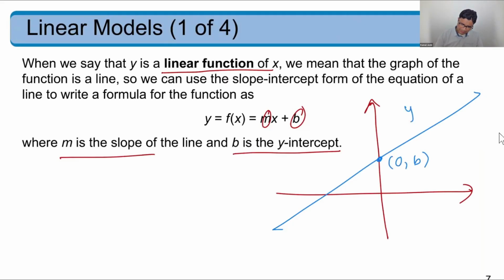If the equation is y equals mx plus b, and the slope is m, it means starting from any point, if you go 1 unit to the right, you will go m units up. The ratio of change in y divided by change in x, what we call the slope, is m.